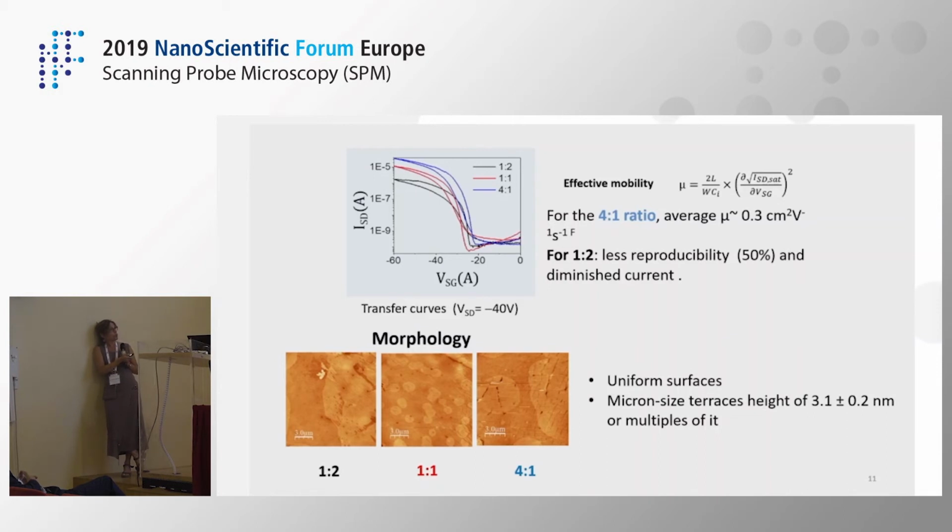So this was a collaboration with our colleagues at ICMAP, the group of Marta Mas. They were optimizing the performance of the organic field effect transistor for different blend ratios.